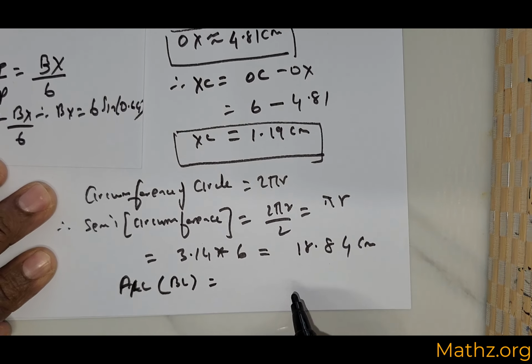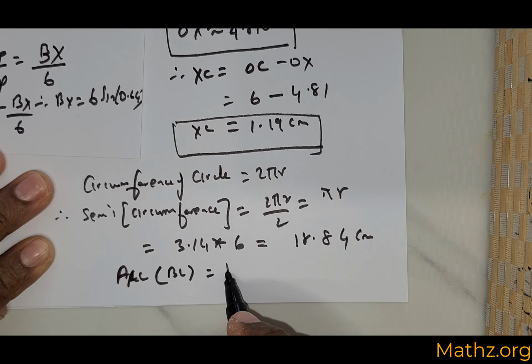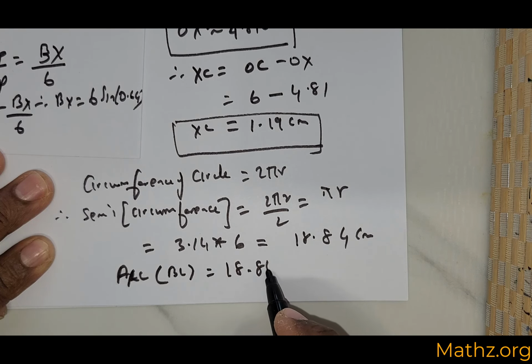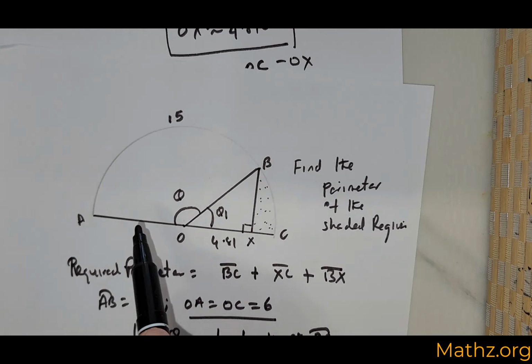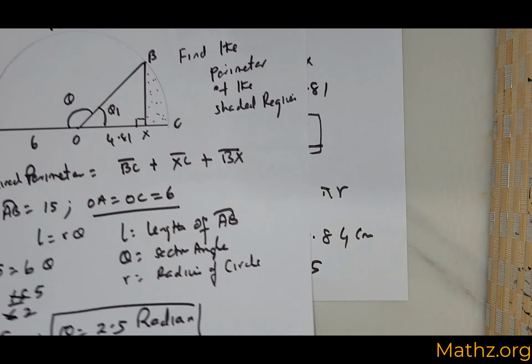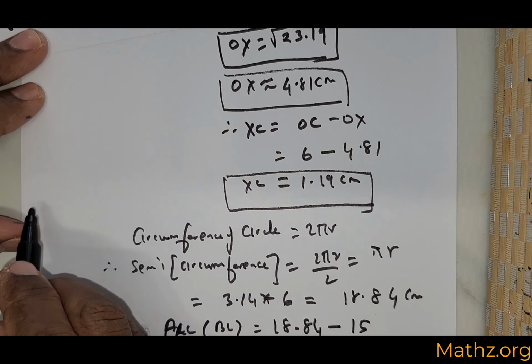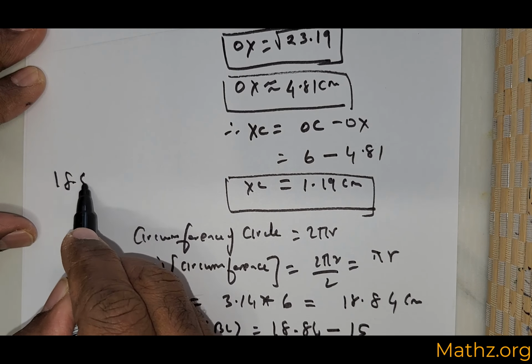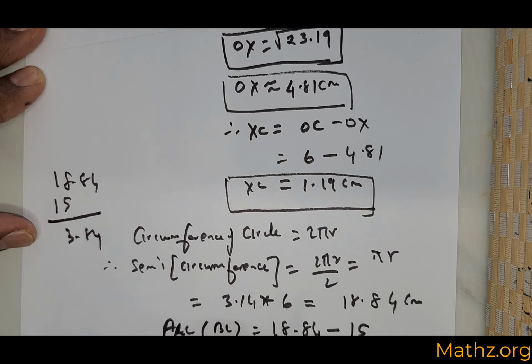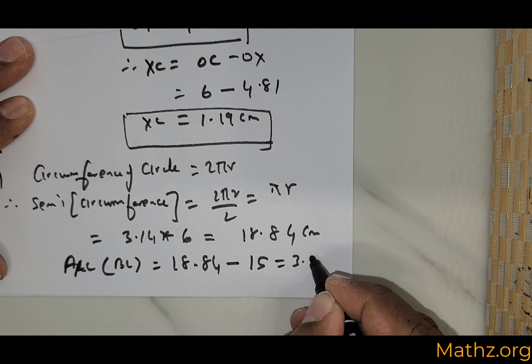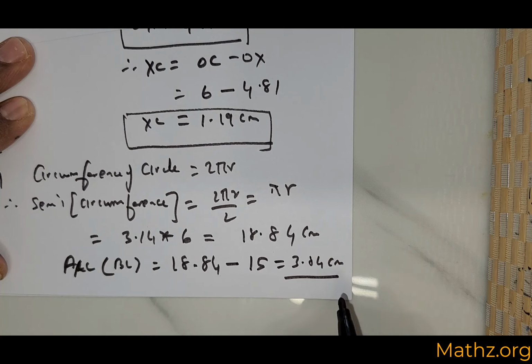BC is going to be equal to the total arc, 18.84 minus 15. Why 15? I need to take this part out. 18.84 minus 15 is going to be 3.84. So this is equal to 3.84 cm.